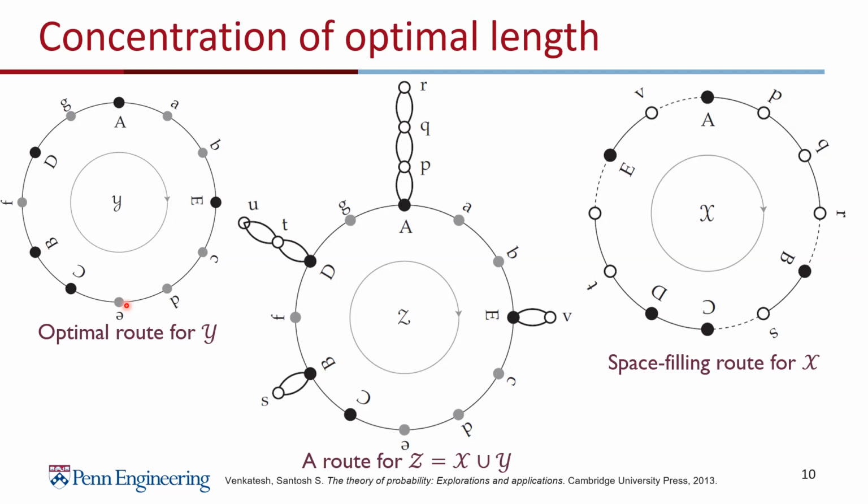So let's say you start from the small a in Z, you're going to follow the optimal route for Y, which is A, B, E. Now you have to visit V somehow, right? And from E, you take the space filling route which you already computed for X to V, and you repeat the process. You come back to E, follow the optimal route for Y, and then again do the space filling route for X.